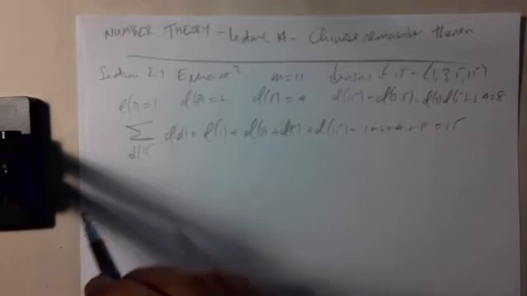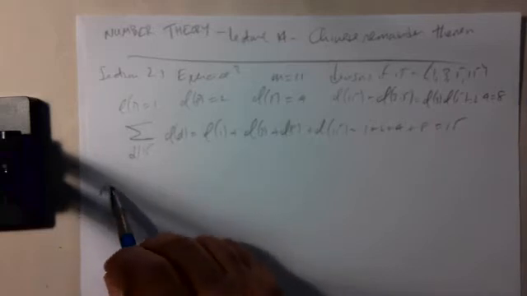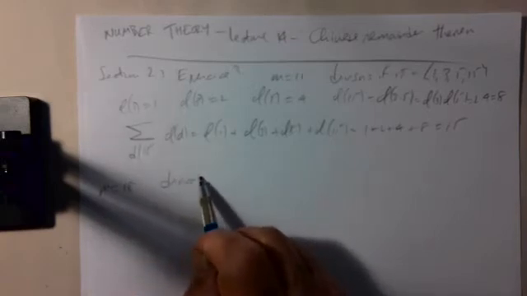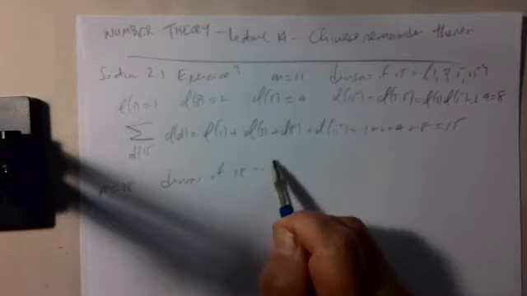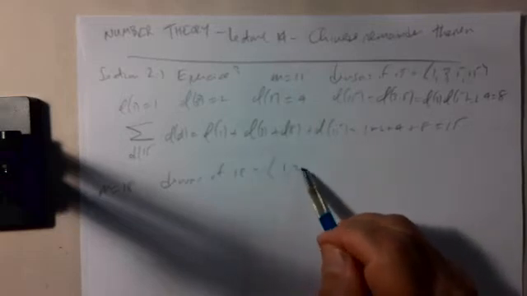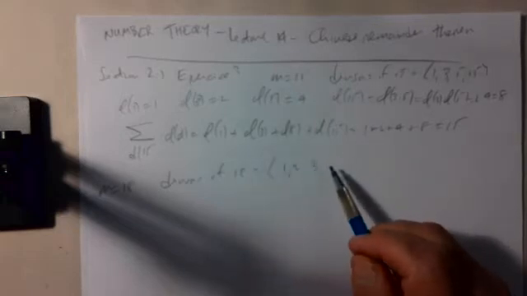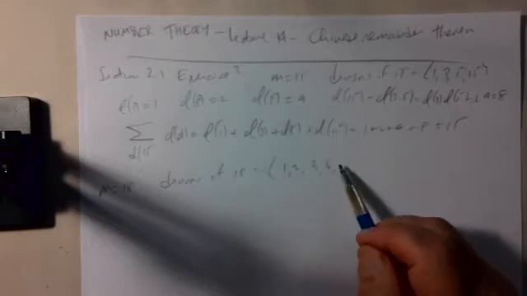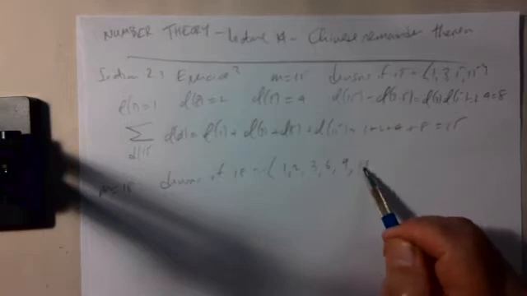Let me just do one more. Suppose we take m equal to 18. So what are the divisors of 18? So there's 1, 2, 3, not 4, not 5, but 6, not 7 or 8, but 9, and of course 18.